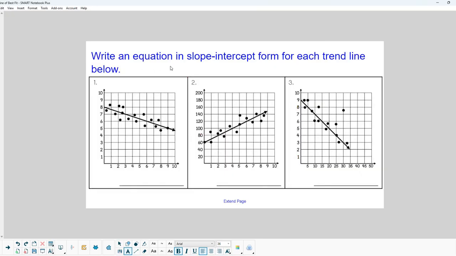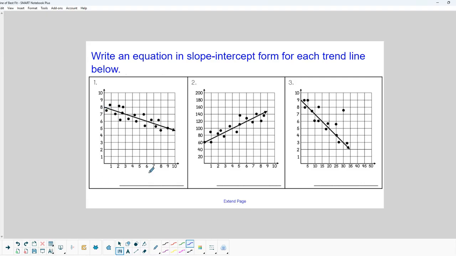So let's write an equation in slope-intercept form for the trend line below. Well, if we look at our data, first of all, we notice that this line actually intersects the y-axis at 8. So let's go ahead and take that into account. Get our marker here.